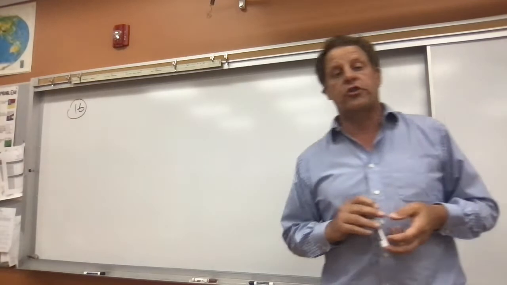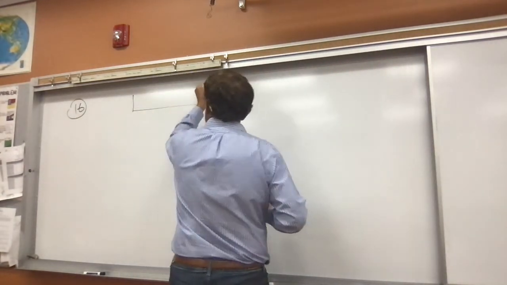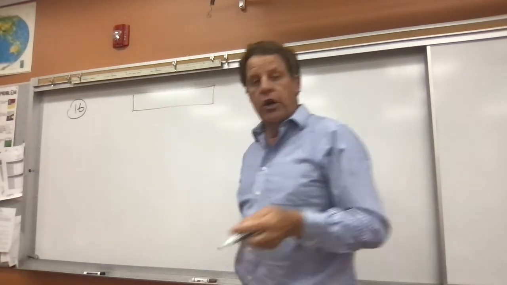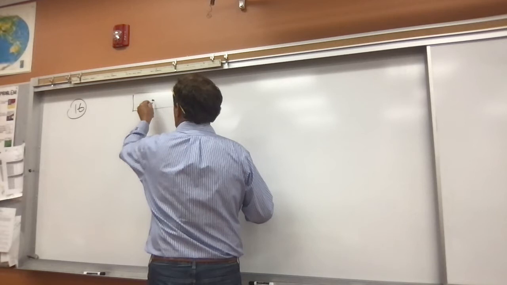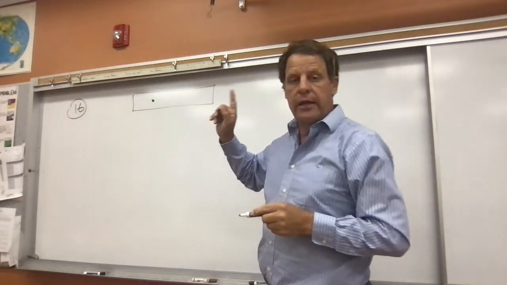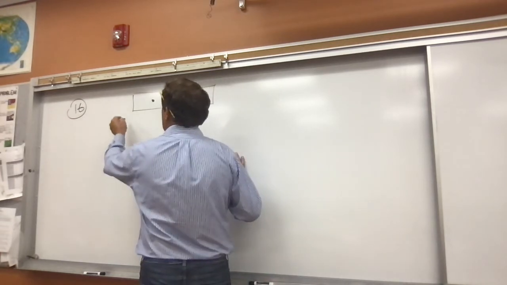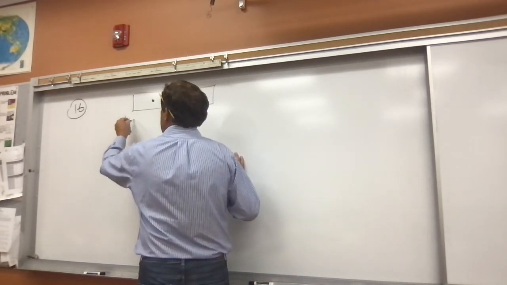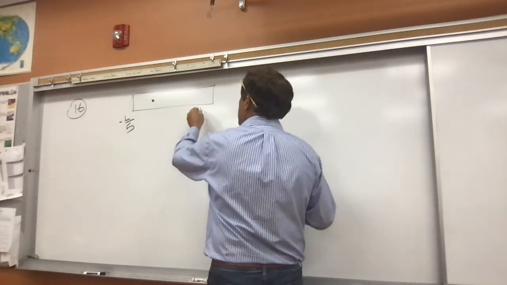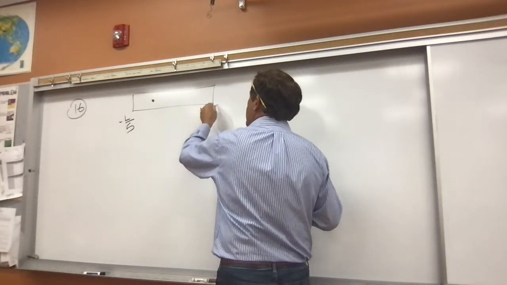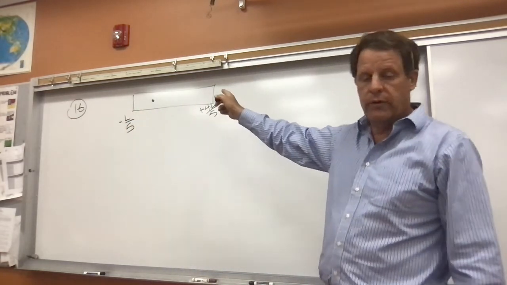Question number 16: we're going to have a rod, and we want to know what the moment of inertia is if it is going to rotate about a pivot point 1/5 the way from one end. So that means we're going to go from negative L over 5 to positive 4L over 5. So basically negative 1/5 to positive 4/5.